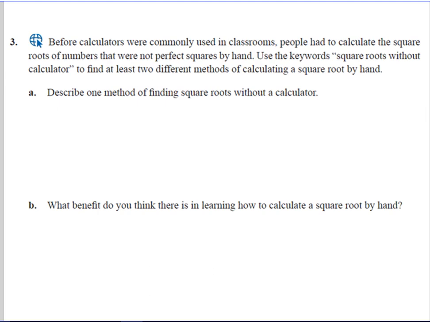Now, before we had calculators to do square roots, people had to try and come up with it by hand. And there's numbers that you'll get that you're trying to find what times itself gives you that as an answer, and it's not a whole number.